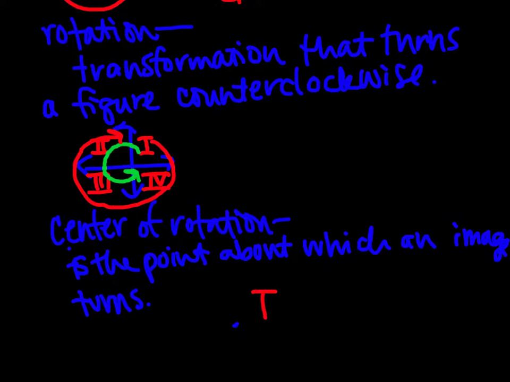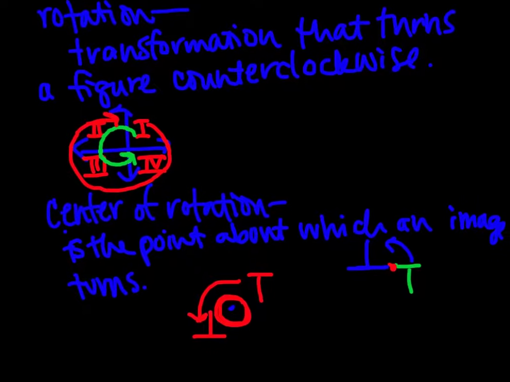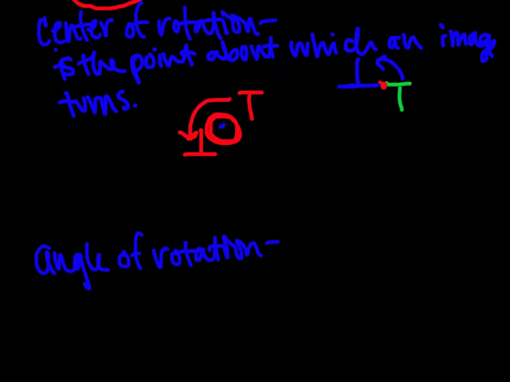We'd end up with our T being upside down on the other side, but it's turning around this point. It's a possibility that the center of rotation is on the tip of the T. So if we were to rotate that T around, our image would be coming off of that point, and we'd have a rotation 180 degrees in the other direction, and our T's would be almost connected. So the center of rotation can be in many different places. You have to figure out where that location is.